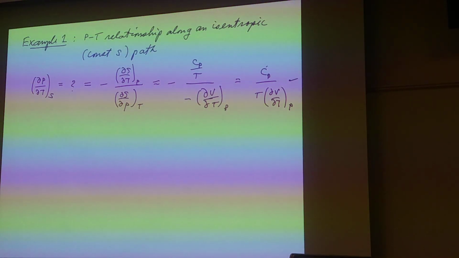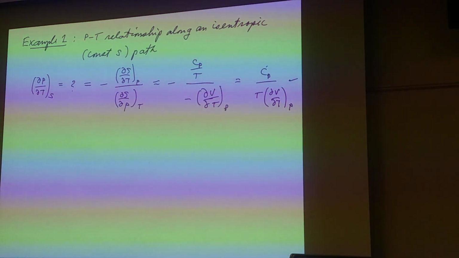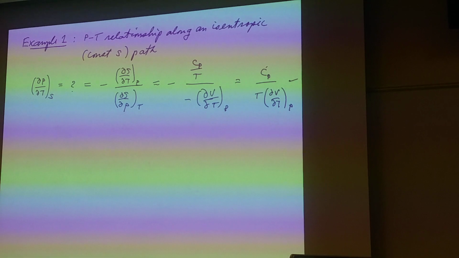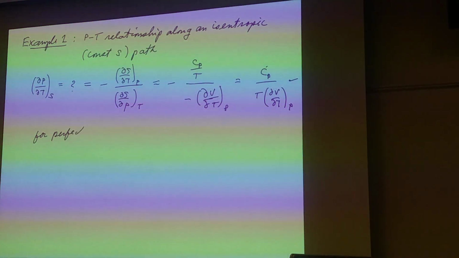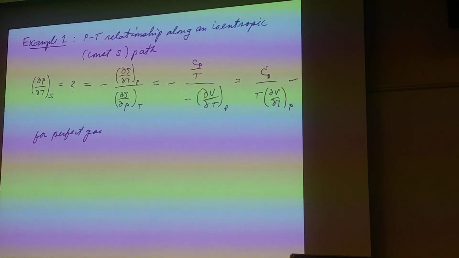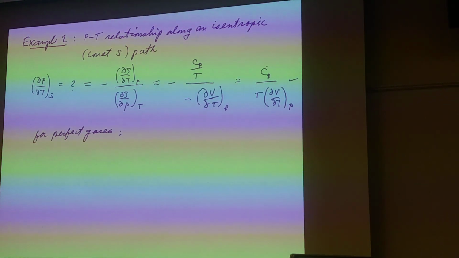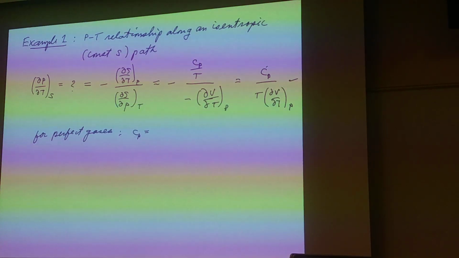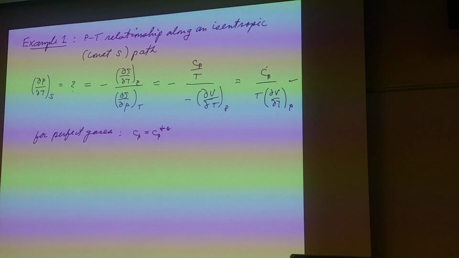Now this is the general result. It would be applicable to any fluid for which I have the appropriate properties. But let's look at the case that I think you've probably seen last quarter, and that would be for perfect gases. Now for perfect gases, Cp is equal to, and for perfect I'm going to put a double star there, and that means we have a constant heat capacity.